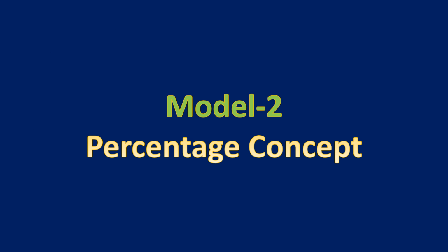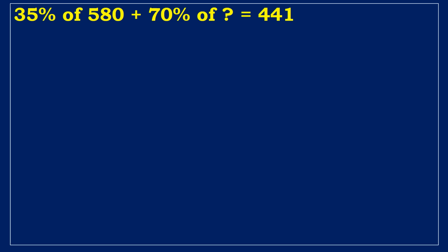The second model of simplification calculation is percentage concepts. Let's look at an example in the percentage concept. 35% of 580 minus 70% of the question mark is equal to 441. What value should come in place of the question mark?